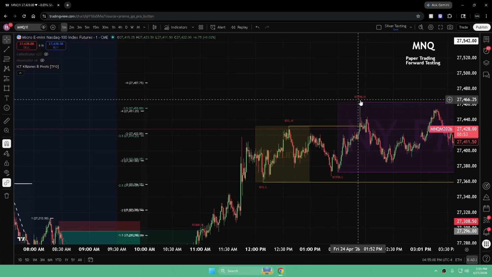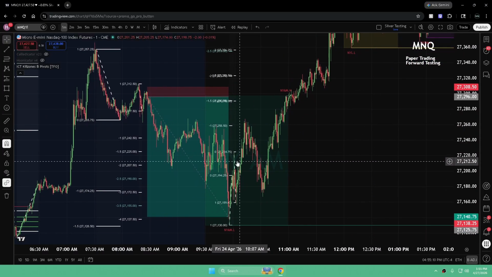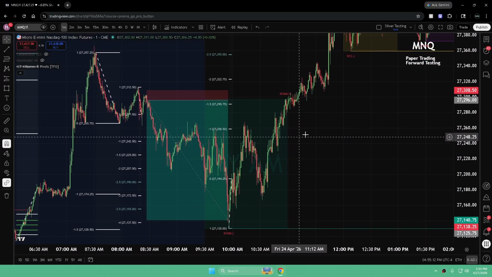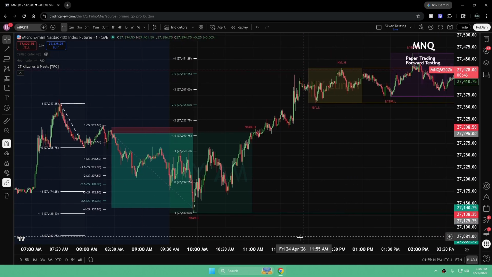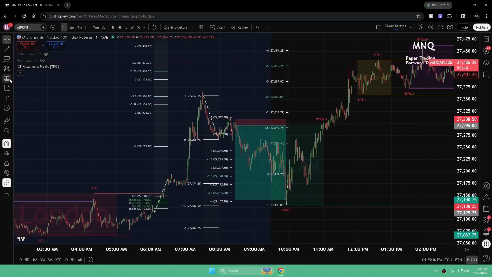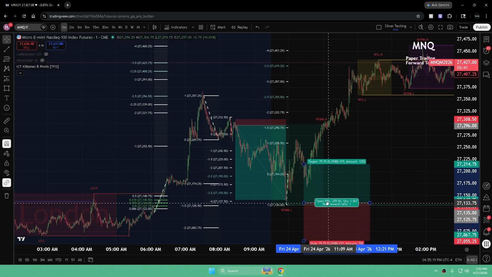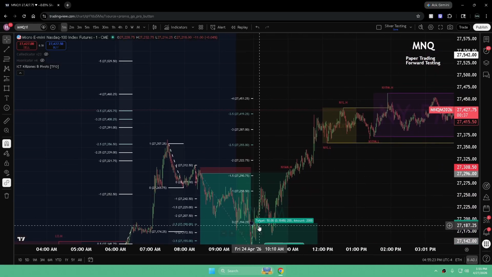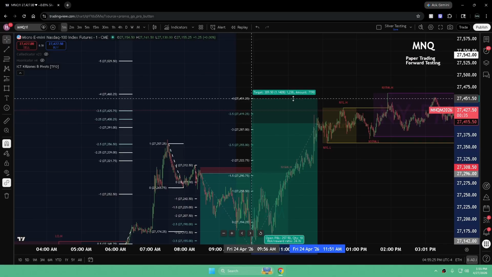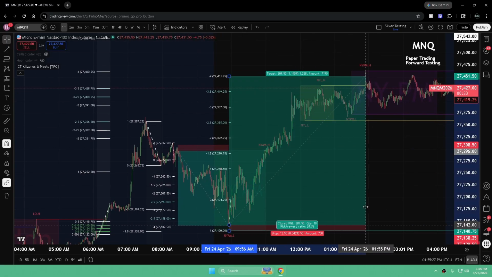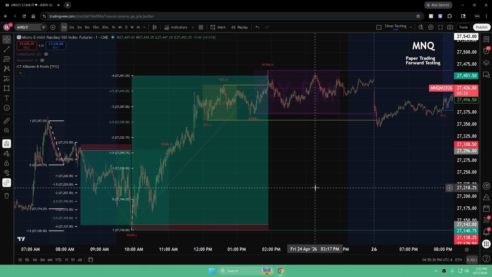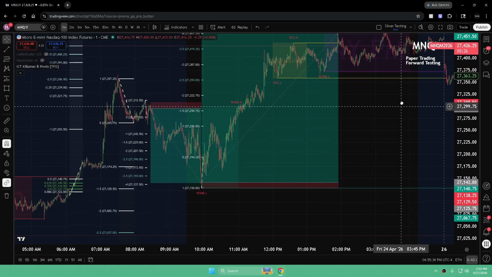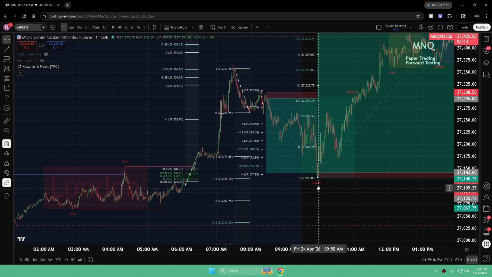So that's where our reversals come in. But yeah, there you have it. Like I said, could have took longs from here all the way to our negative 4. Boom. And you would have been good. Pretty simple stuff. Pretty simple stuff.